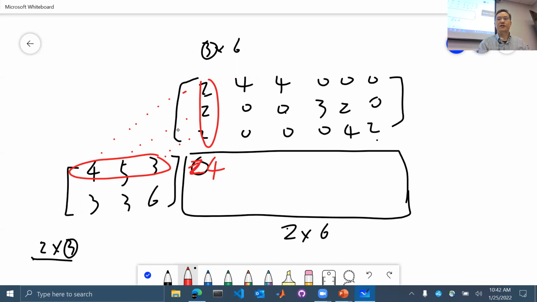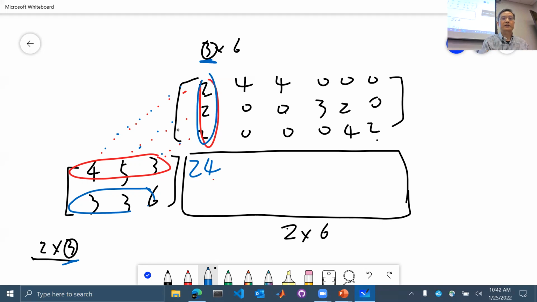That's your first value, 24 here. Because the inner dimensions 3 and 3 matched, I can do this. Otherwise, you just cannot compute. So the next, for example, this one and that one is also 24. So gradually, I fill in all the 2 by 6 elements.